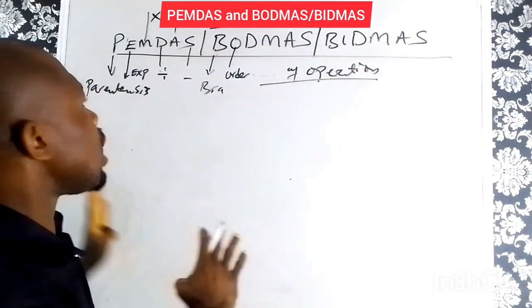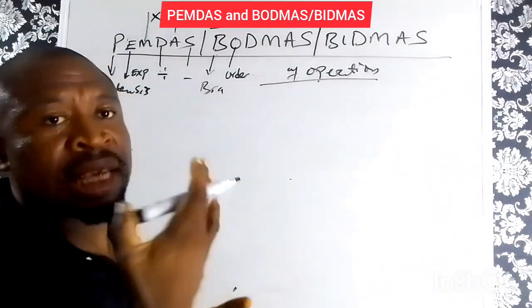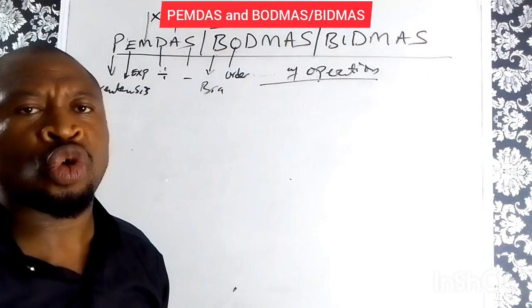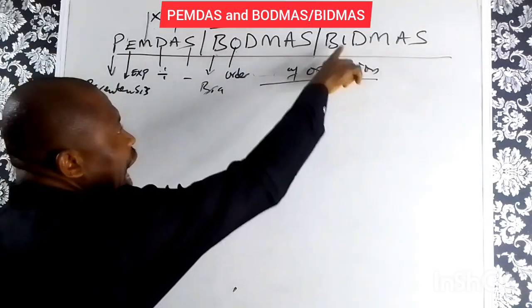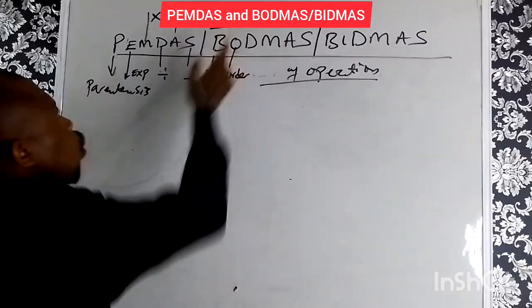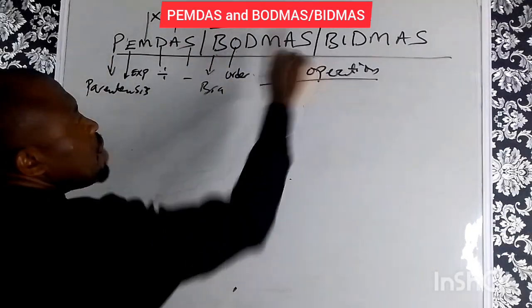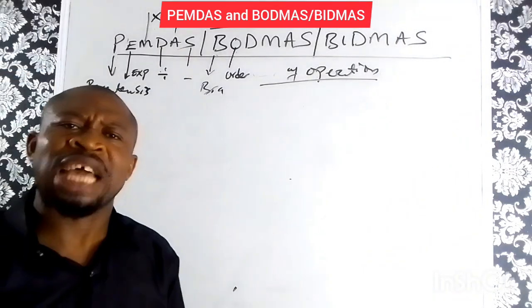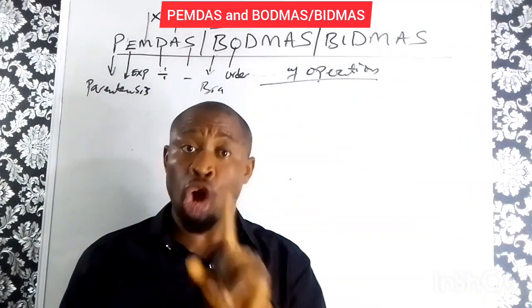They can be used interchangeably. They are the same thing. I is the same thing as E and the same thing as O, while P and B mean the same thing: parenthesis, bracket, whatever.